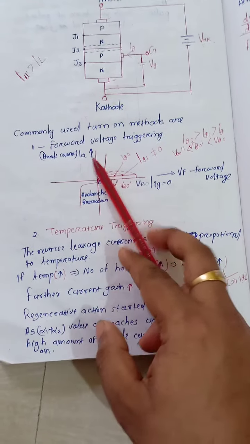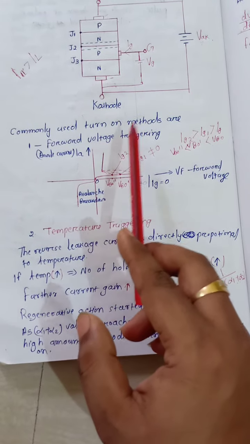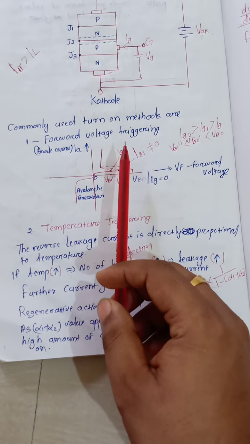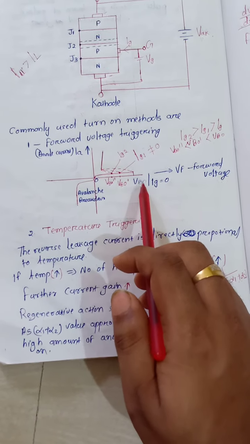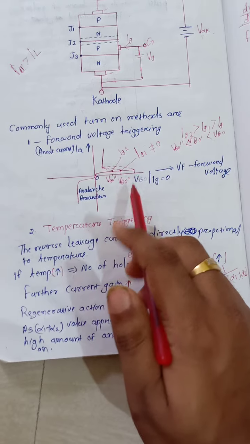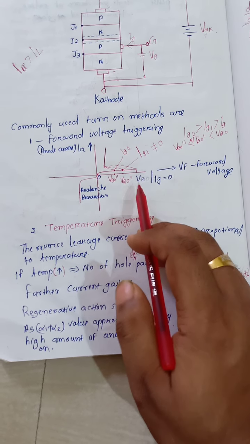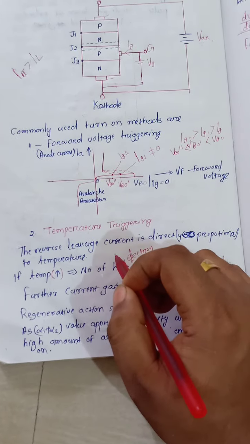Similarly, we also have some disadvantages in forward voltage triggering. So what are these? This VBO or forward breakover voltage has a very high value. So this VBO value is in the range of thousands of volts.